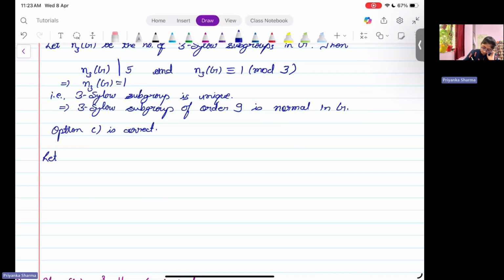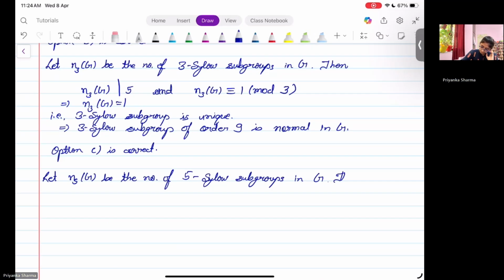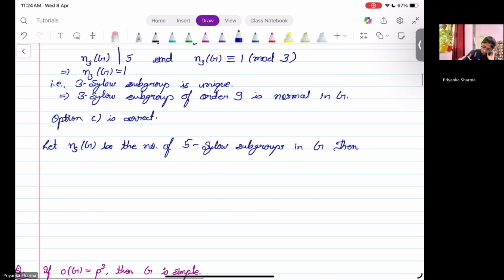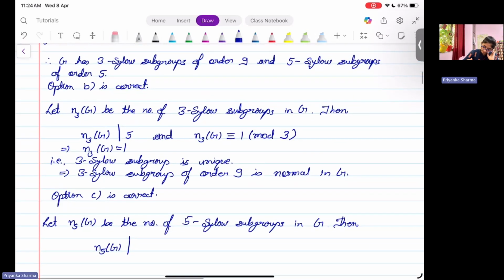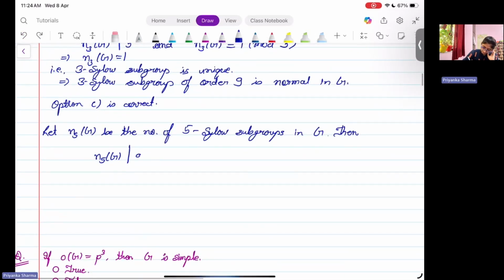Now, what about 5-Sylow subgroups? So let N5(G) be the number of 5-Sylow subgroups in G. Then from Sylow's first and third theorems, we will have that N5(G) will divide, we will remove 5 and we will have 3 squared, so it divides 9, and N5(G) is congruent to 1 modulo 5.